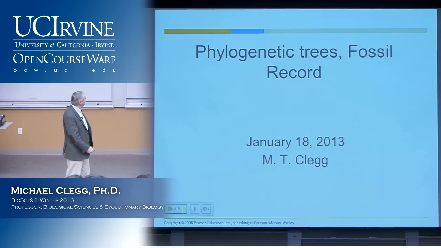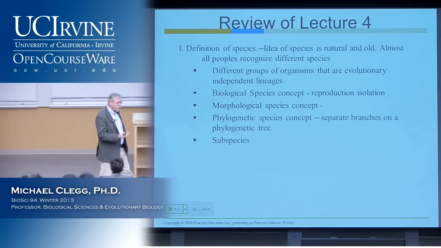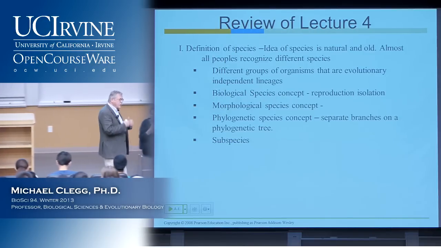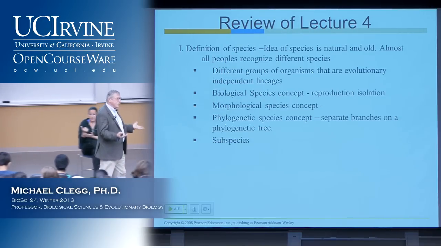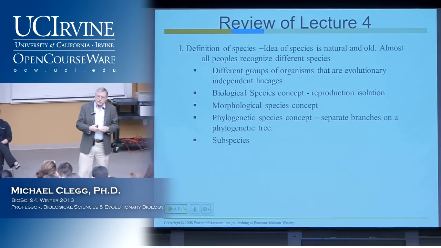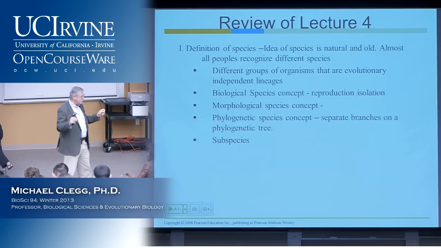So let me pick up again where we left off on Wednesday and review a little bit. On Wednesday we talked about the definition of species, and I said that species were evolutionarily independent units.